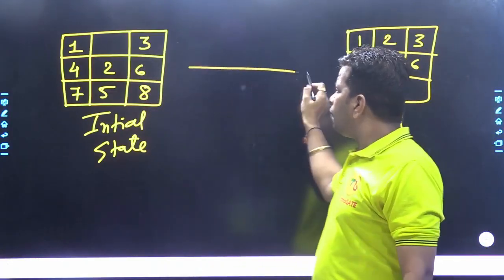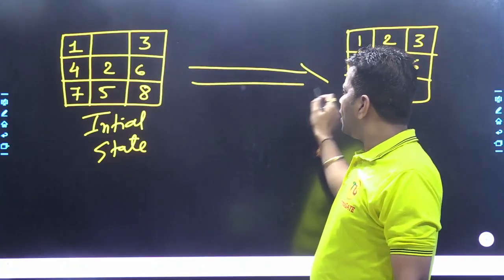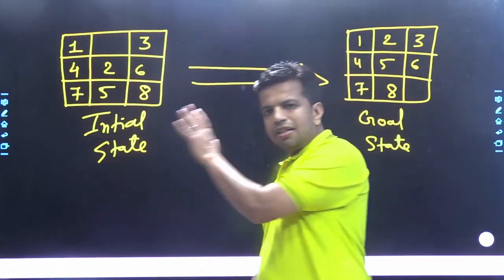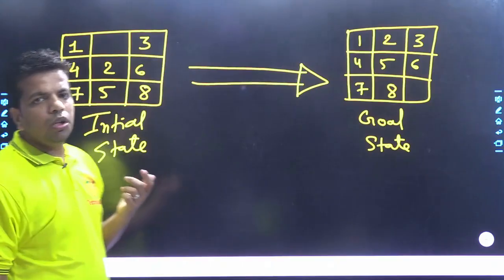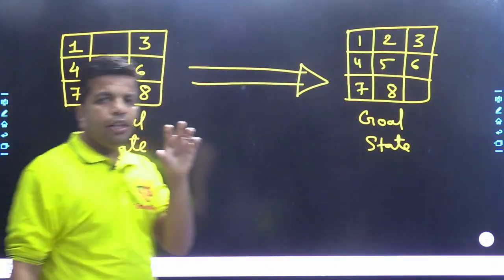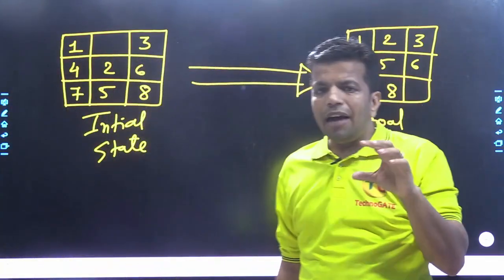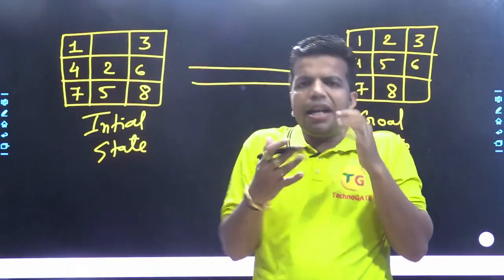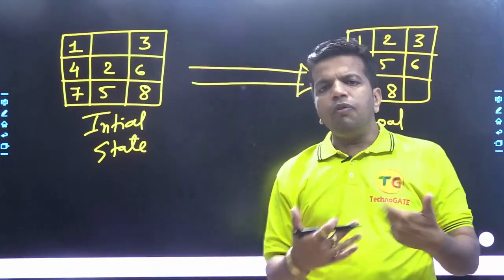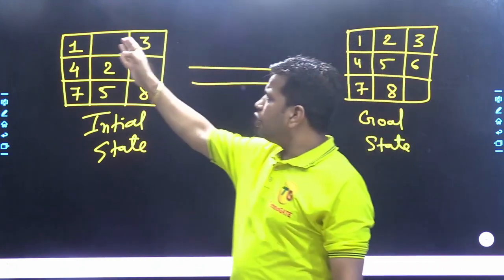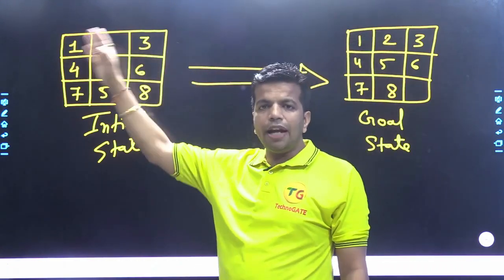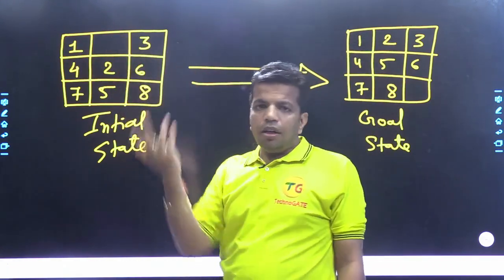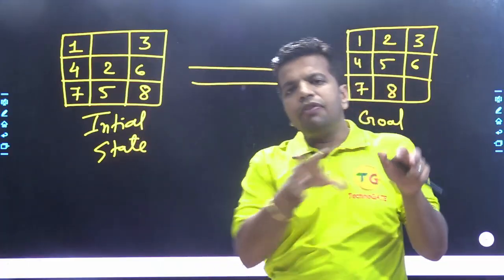So we want to go from this initial state to that particular final state. Okay, this is one of the states. Now there is a blank tile, so a particular blank tile can move up, left, down, right, and there are different actions. We need to perform an action. It might be possible that I am going to move this to the left, or to the right, or down. I can do anything. So there are different states.